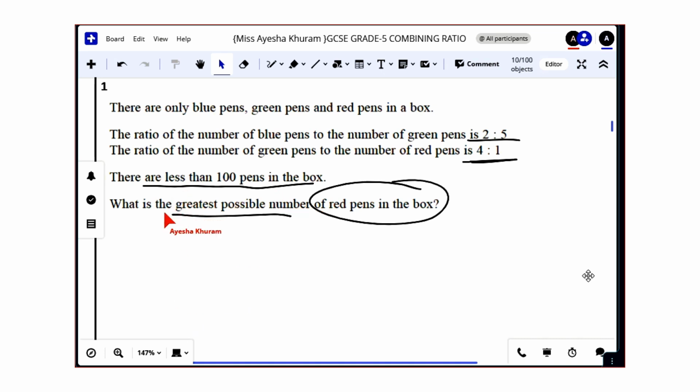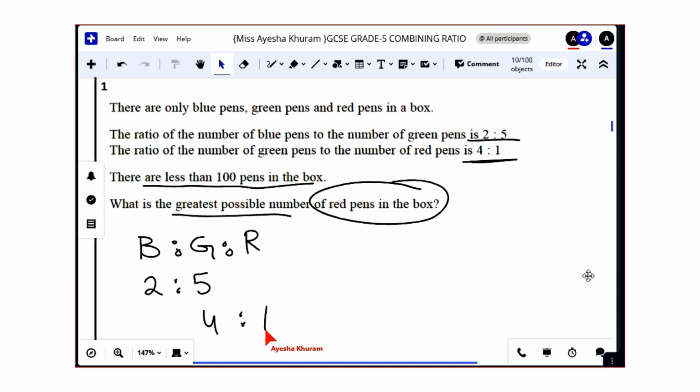I'm going to write blue, green, and red. The ratio of blue to green is 2:5, and the ratio of green to red is 4:1, so I'm going to write 4:1 here. I told you the same thing in the last class as well.